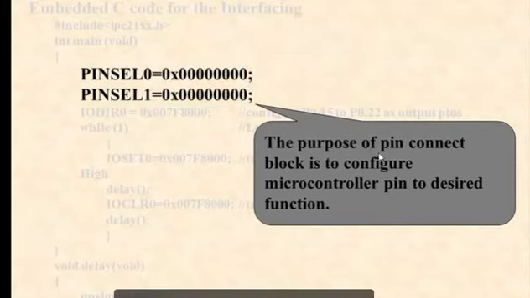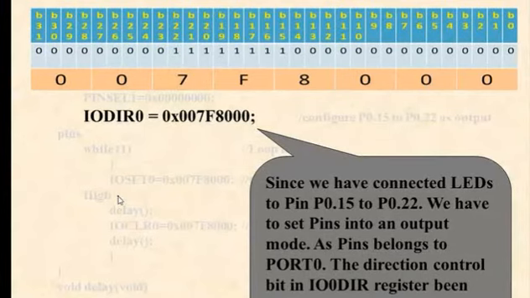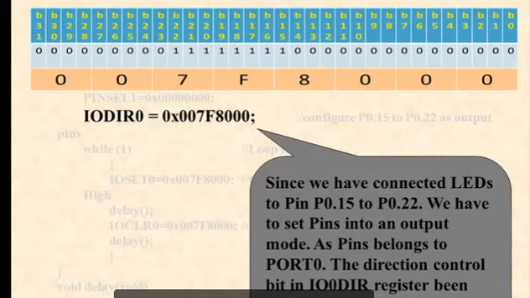Then next, we have to initialize pins as input or output. We are using P0.15 to P0.22, so you have to make those pins output.